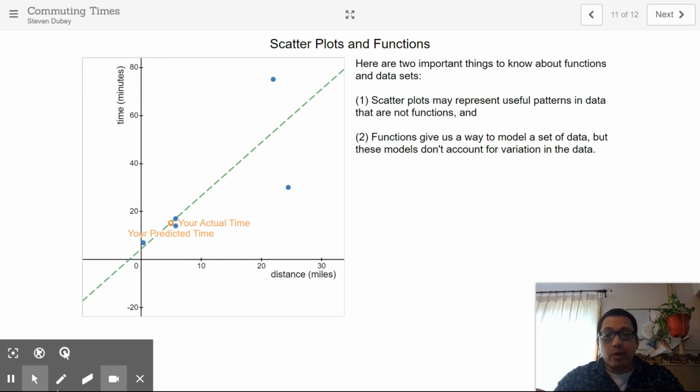So the whole point of functions, why we are talking about functions, is to make sure that we have one answer, one output, one prediction for our question.